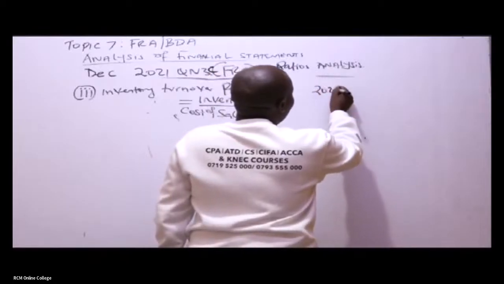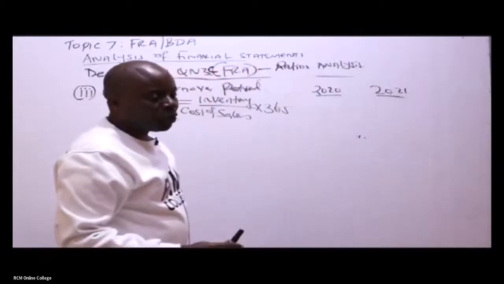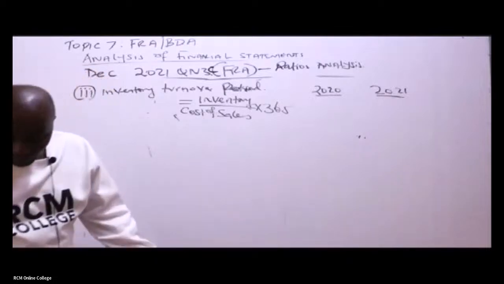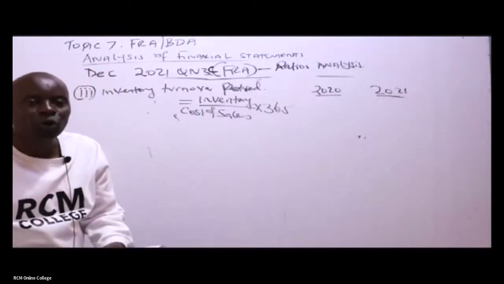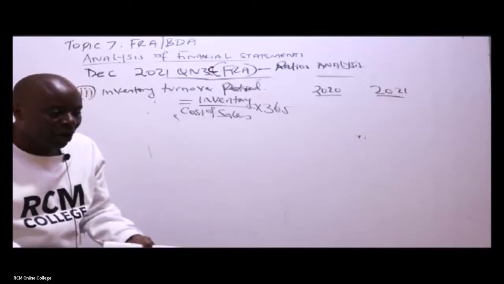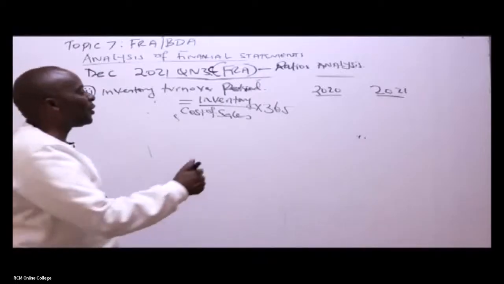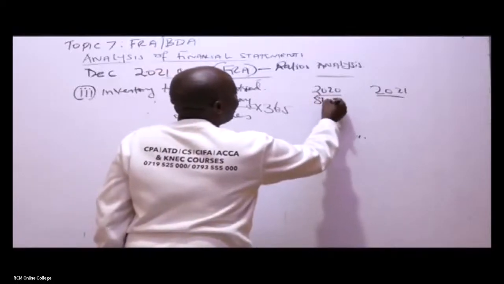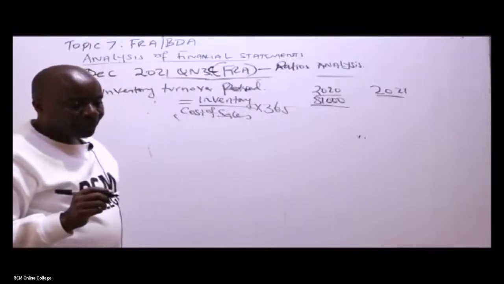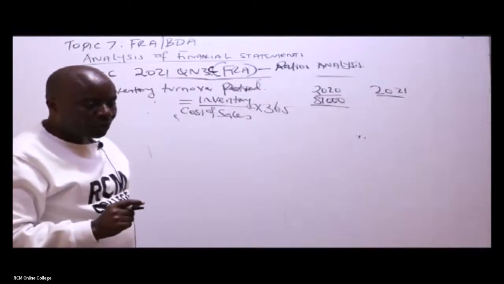We have 2020, 2021. Are you able to see the inventory for 2020? Go to current assets, pick inventory. How much do we have there under current assets? 81,000. Out of the cost of sales 2020. Are you able to see the cost of sales in the income statement given?